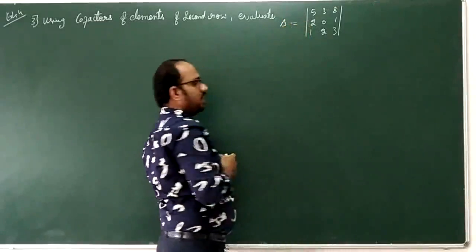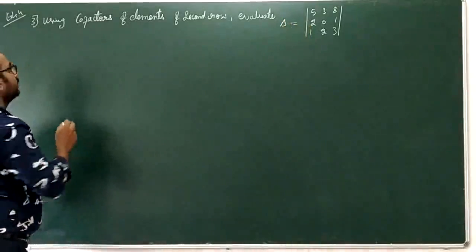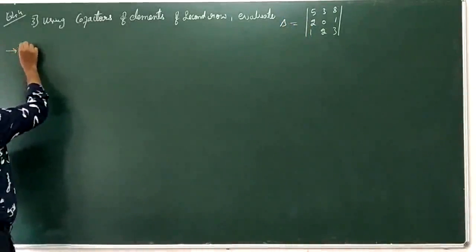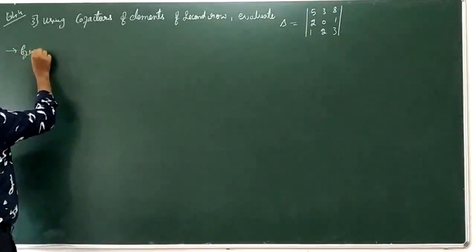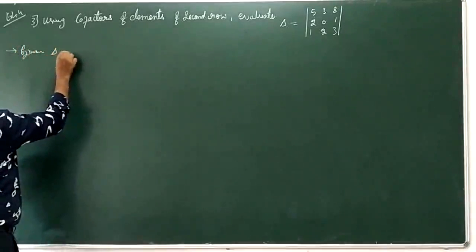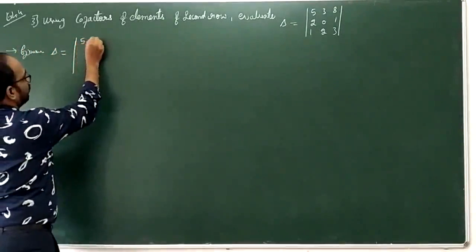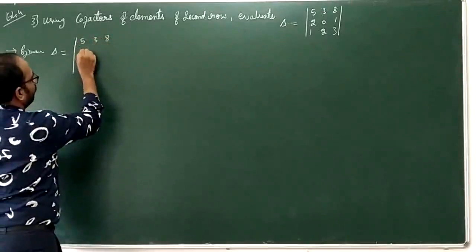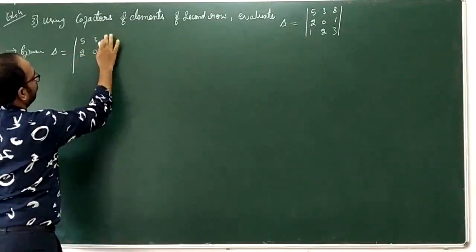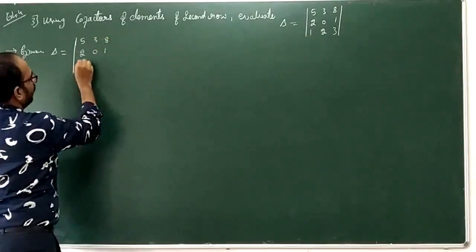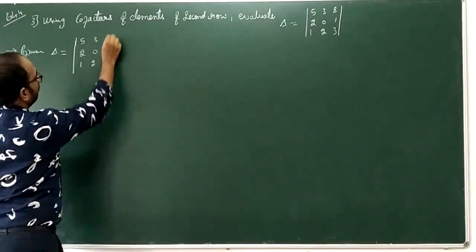Here write down the given: delta is equal to 538, 201, 123.